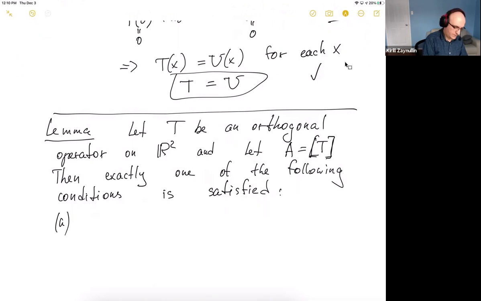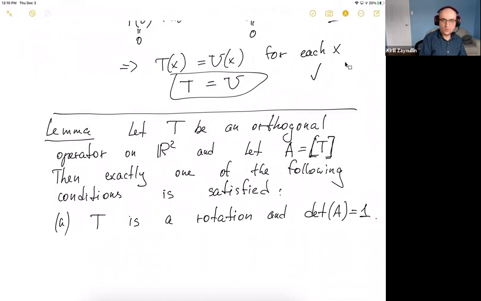First choice is T is a rotation. So any orthogonal operator on R2 can be one of two. Either it's a rotation with determinant 1. So the determinant of the respective matrix is 1. Or if it's not a rotation with such a determinant, then T has to be a reflection. So what's a reflection?